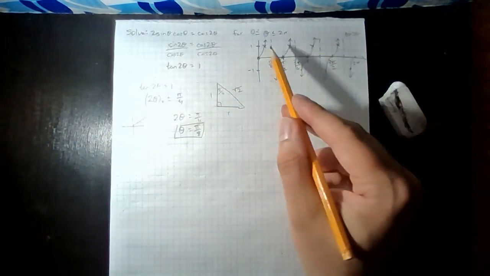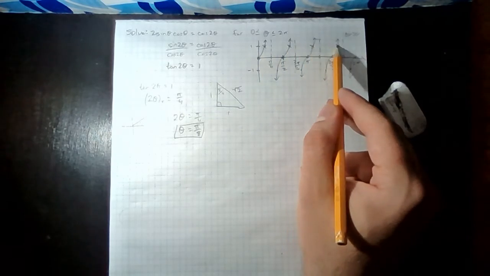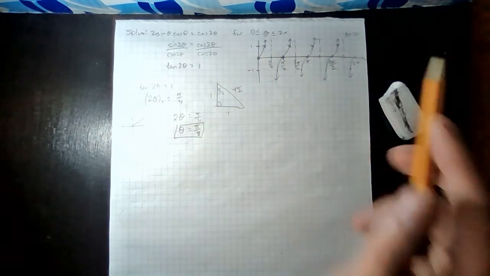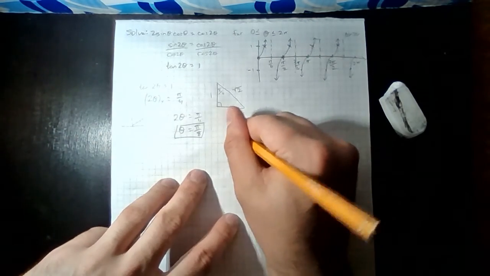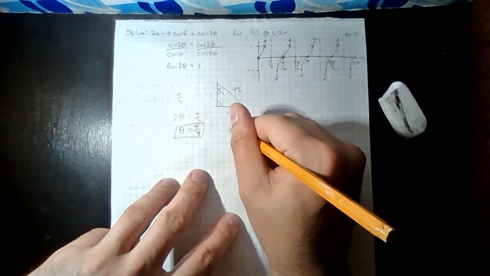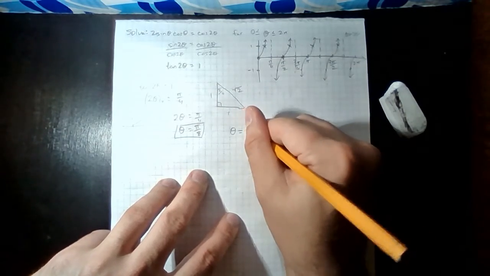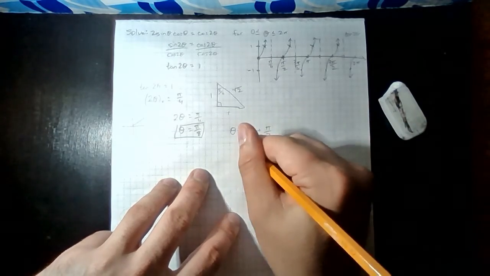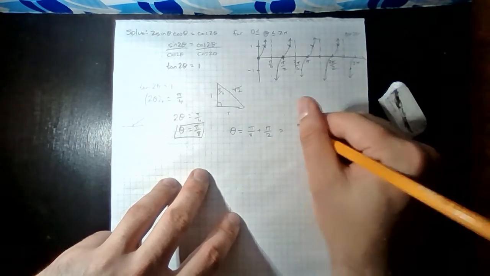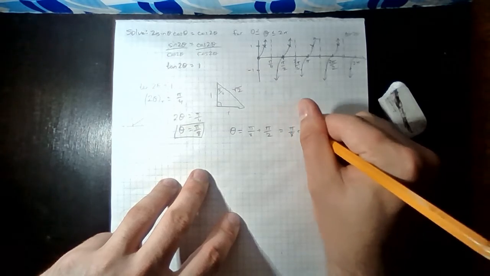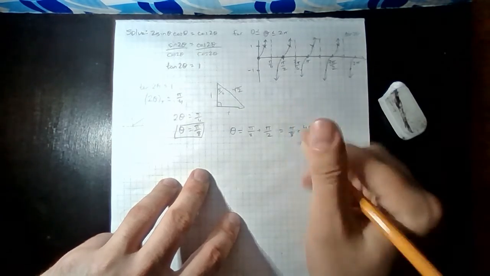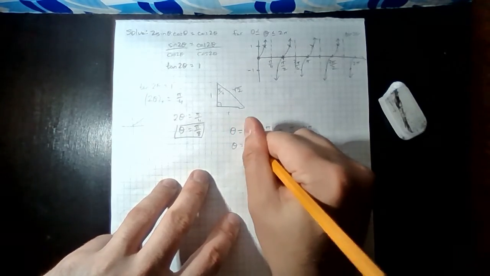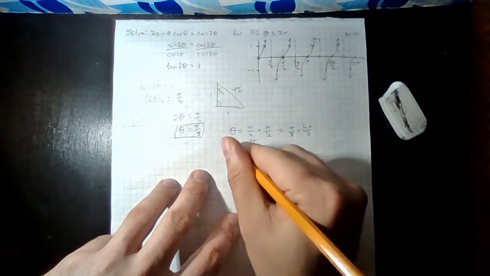Now for tan, each of these points is exactly 1 period after the previous one. So because our period is pi over 2, we can just add the period to the next one. Our next theta is going to be pi over 8 plus our period, pi over 2. So that is pi over 8 plus 4 pi over 8. So theta equals 5 pi over 8.